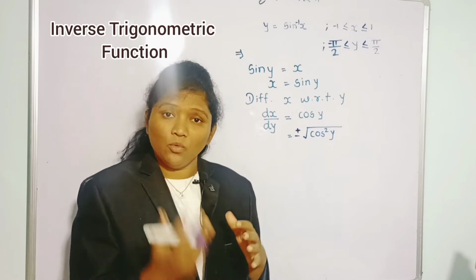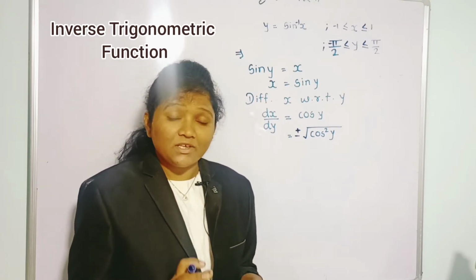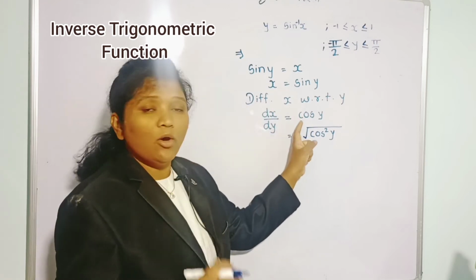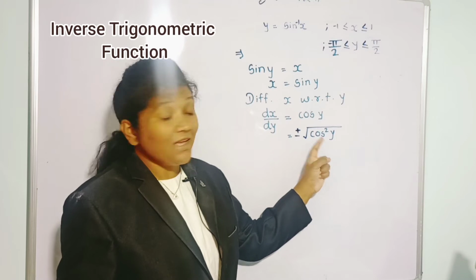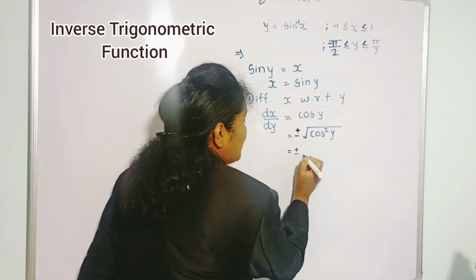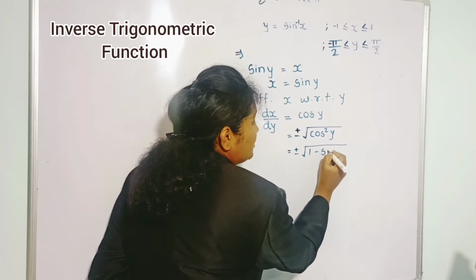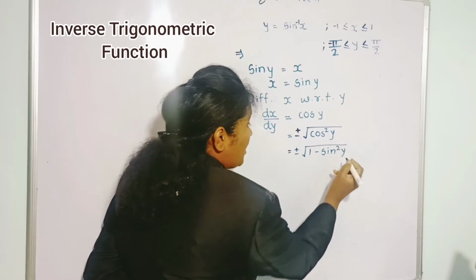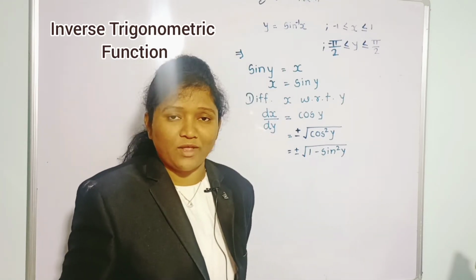And why do we do this, why not take cos y as it is? Because if we want to use trigonometric identities we need square functions, so this is the adjustment. So plus minus square root of cos square y we can write as 1 minus sine square y, because of the identity sine square y plus cos square y equals 1.